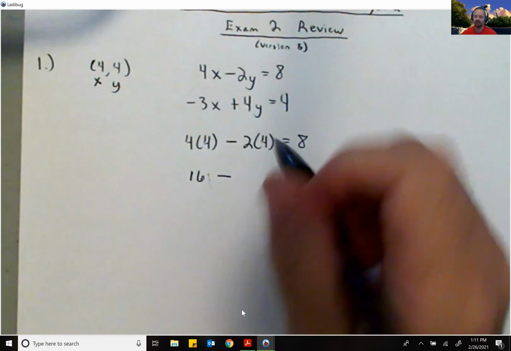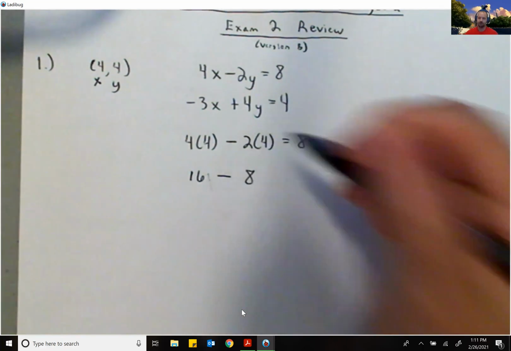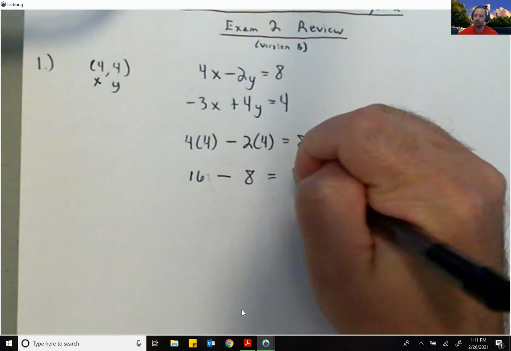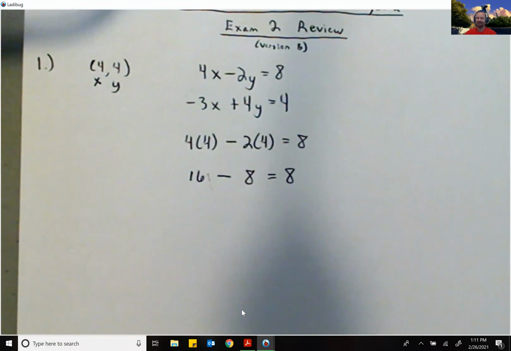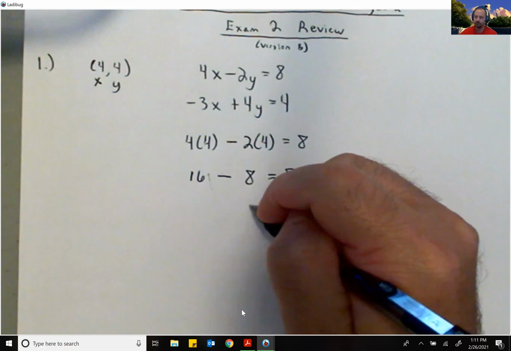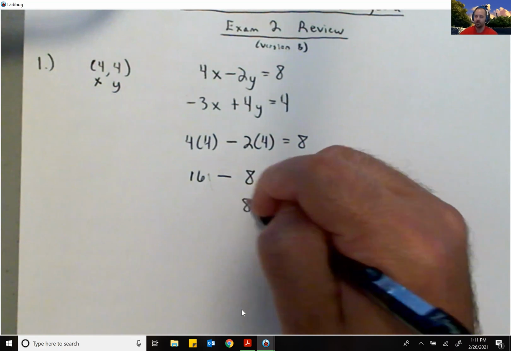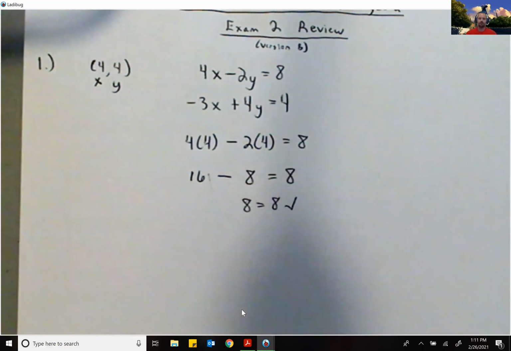Well, the negative is there, but this will just be 8. 2 times 4 is just 8. So what is 16 minus 8? 8. So that checks out. So far, this is a solution.